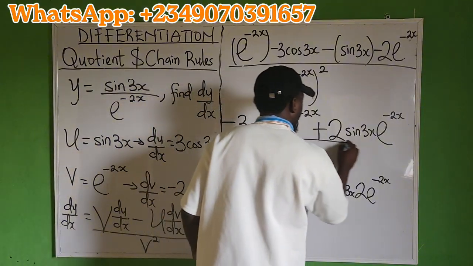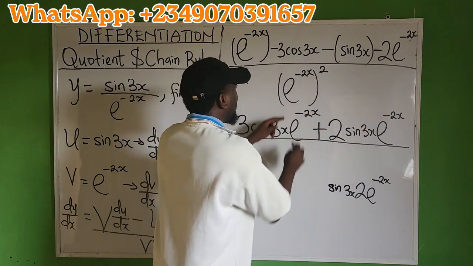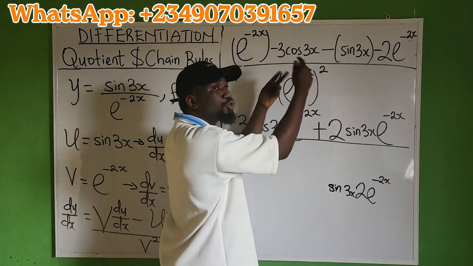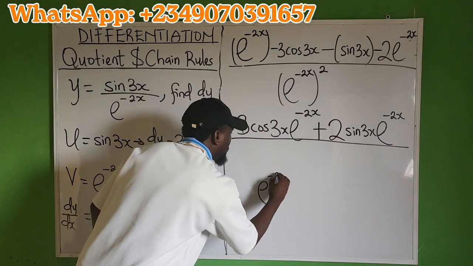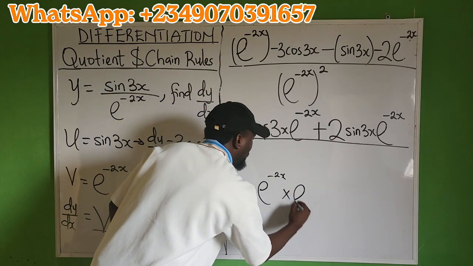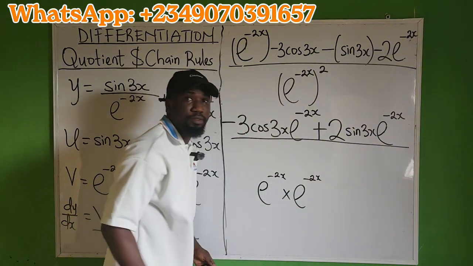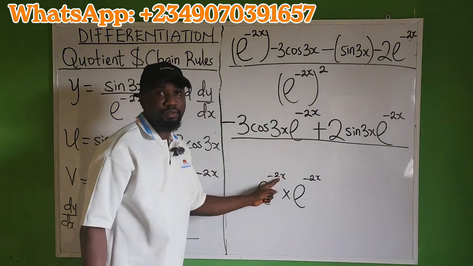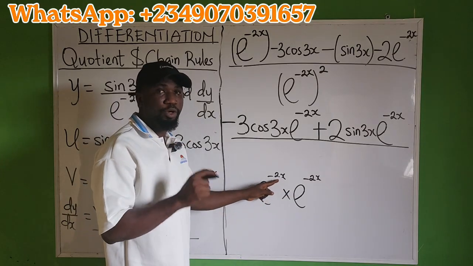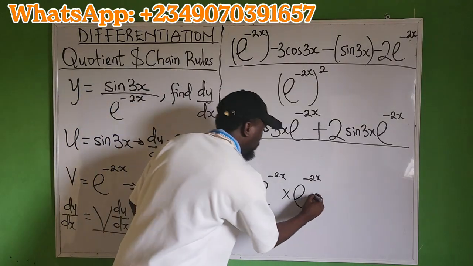Then divided by, what's the next thing? Exponential negative 2x all squared. This means exponential negative 2x multiplied by exponential negative 2x. So both are exponential, and they have powers. Applying one of the laws of indices, what do we do?